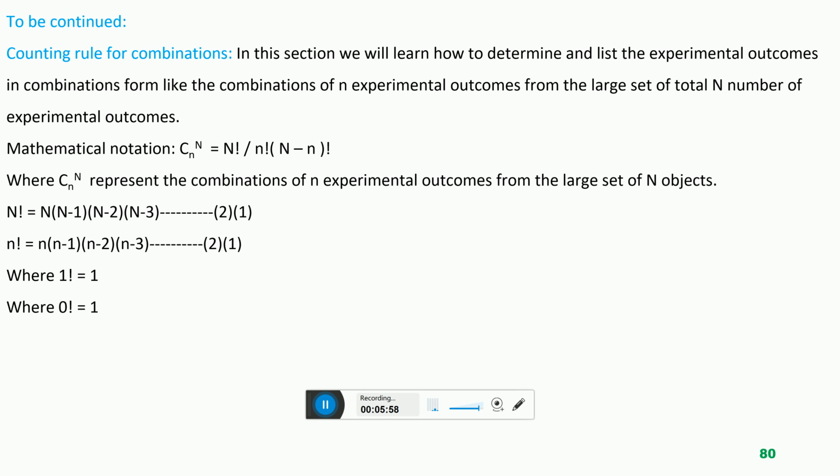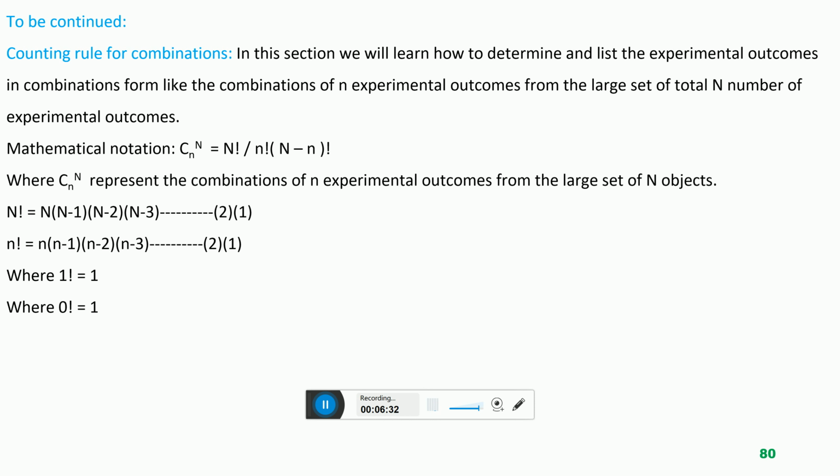In the group form, each outcome will carry more than one experimental outcome or more than one possible item. I am again repeating, counting rule for combination means we will learn how to determine the total experimental outcomes of an experiment, but in the group of items form.